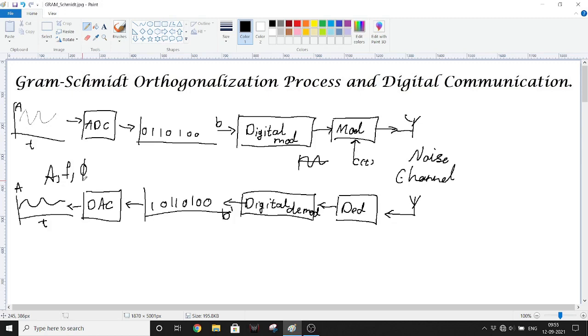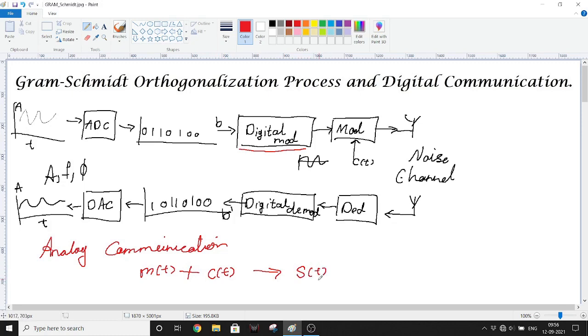So now our concentration shall go on what this digital modulation scheme is, how it is being used, and what is different about it. We all know in analog communication that whenever I have my message signal m of t, it is directly mixed with some operation with c of t to produce my transmittable signal, that is s of t.